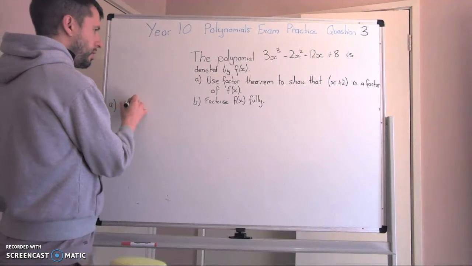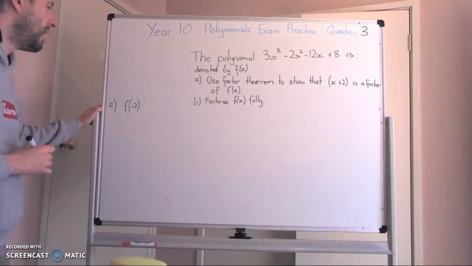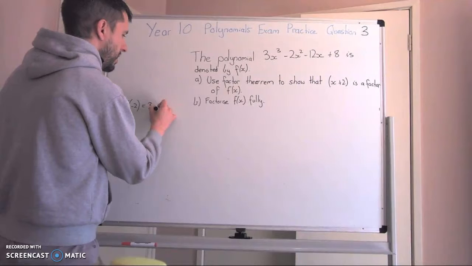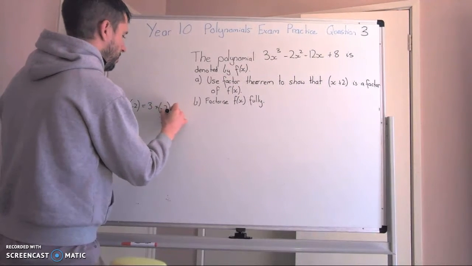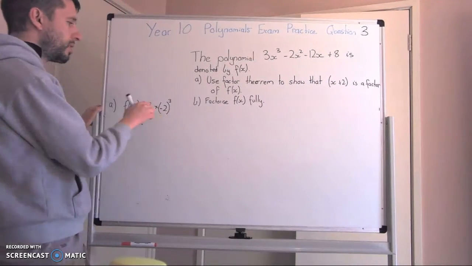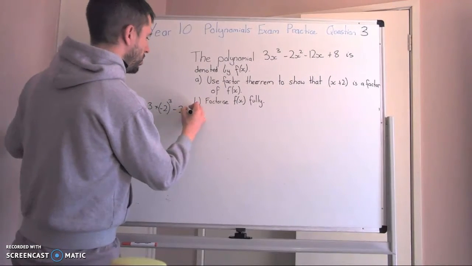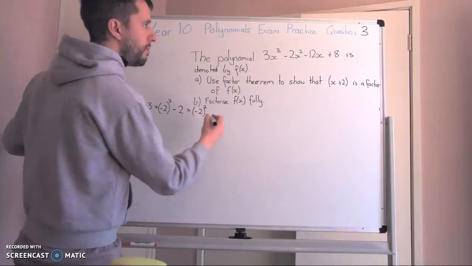So I'm just going to do the function of when my x is negative 2, which is equal to 3 times negative 2 to the power of 3. I'm putting brackets because it's grouping the negative with it. Take away 2 times negative 2 to the power of 2.